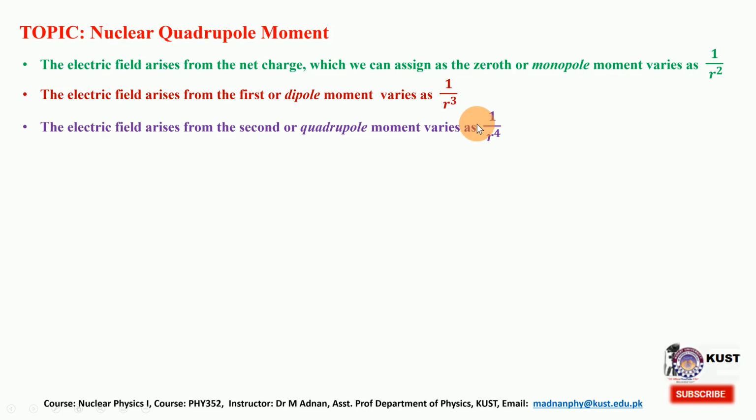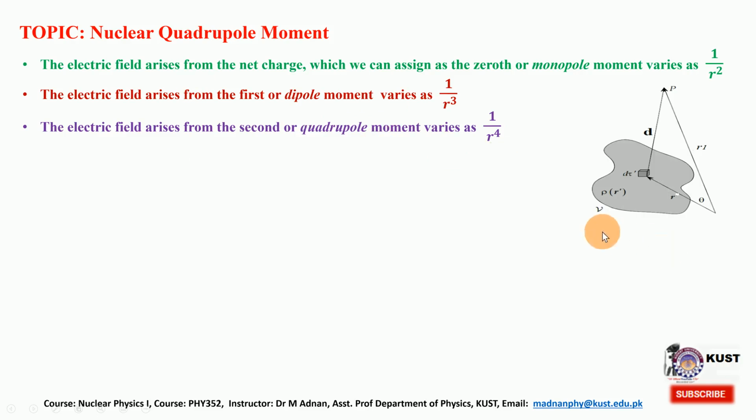If you see the last slide, I told you that various charge distributions produce fields that vary in a characteristic fashion. So in this we'll be talking about the quadrupole moments.